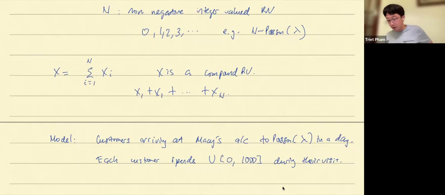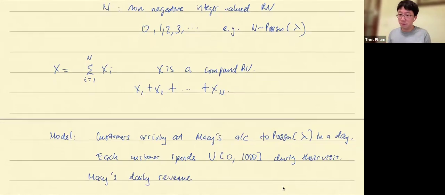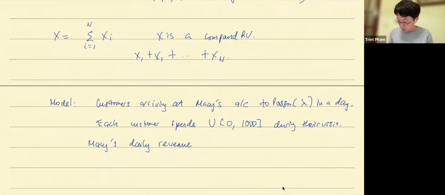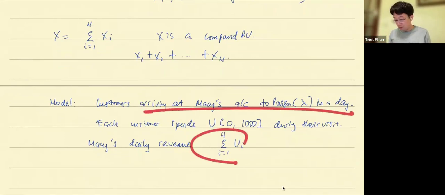And so you see, Macy's total daily revenue, the amount of money they collect, is going to be the sum of these random variables from 1 to n. Depends on how many customers arrive. That's how much they will collect.